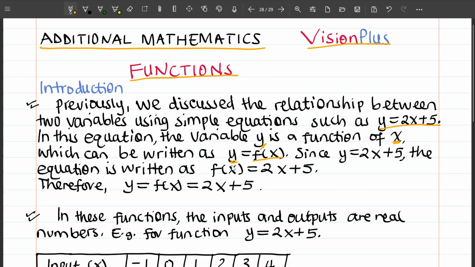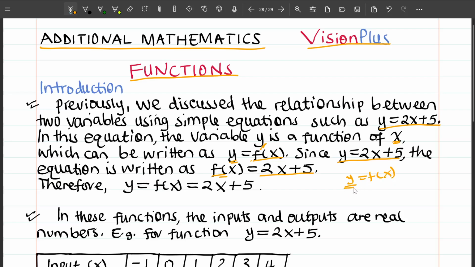Since y was initially given as y equals 2x plus 5, the equation can be written as f of x equals 2x plus 5, simply because we have said that y equals f of x.